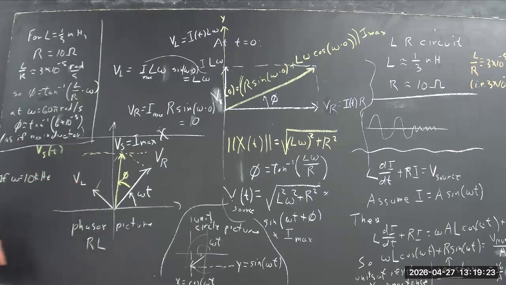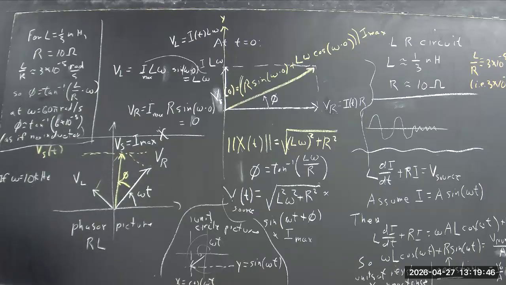Just figure it out, ballpark it. 10 to the fourth cycles per second, right? So what's omega? It would be 2 pi times that, because that's in radians per second. A cycle is 2 pi radians. Okay.